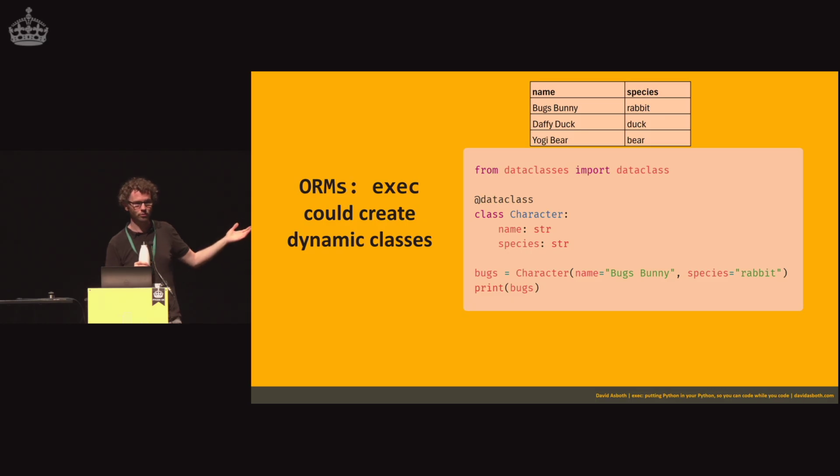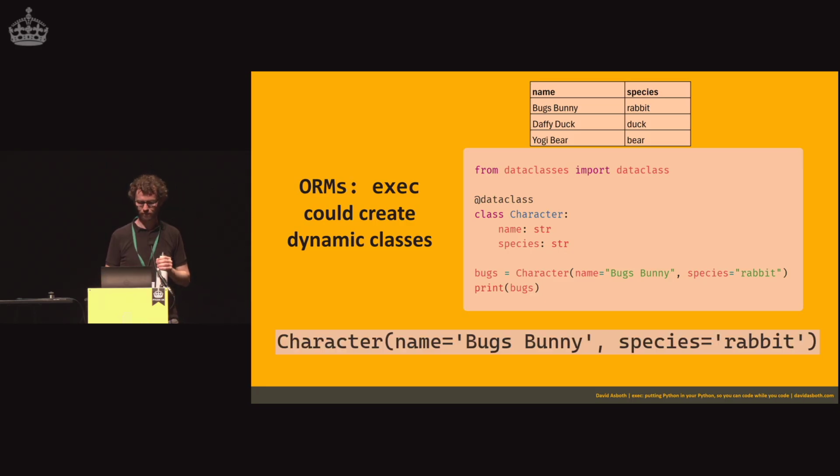So what we're trying to do, in case you haven't used a lot of ORMs, object relational mappers, the idea is you have some data, right, on cartoon characters, and we want to represent them as Python objects, right? Now, we could manually create a data class and add the right fields based on whatever is in the database, and then we could create an object of that type and print it, we could do that manually, or we could write some clever code that inspects the data.